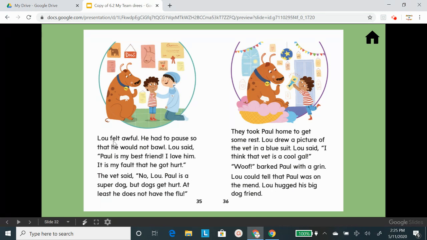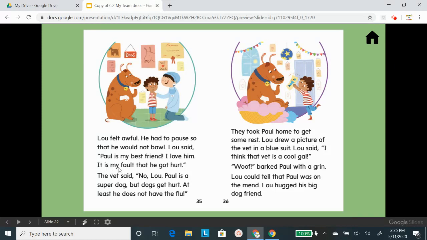Lou felt awful. He had to pause so that he would not bawl. That means cry. Lou said, Paul is my best friend. I love him.